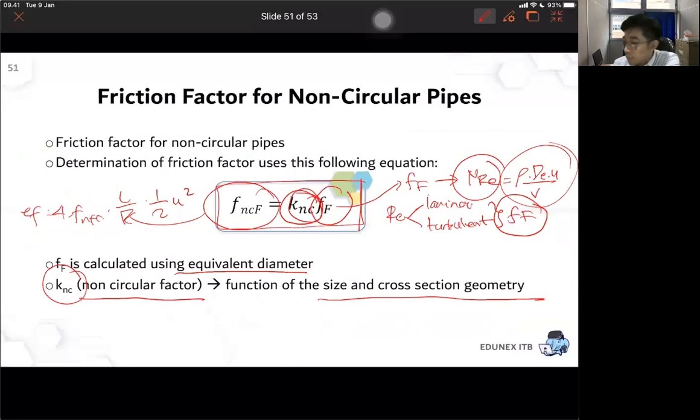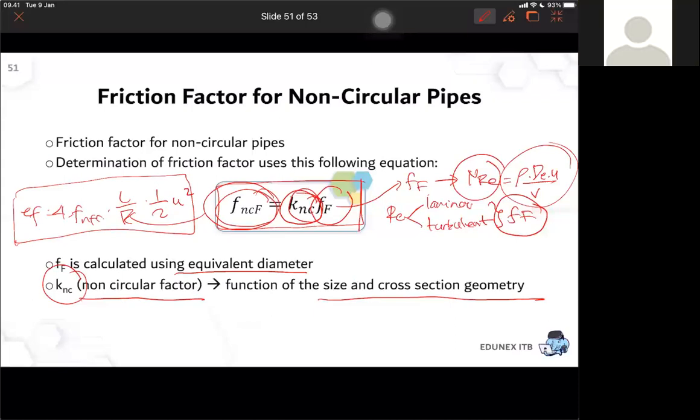Calculate the friction factor based on Reynolds number first. Reynolds number is calculated using the equivalent diameter, and then you multiply with the non-circular constant or factor, the KNC. Then you get the final friction factor. You use the final friction factor into the formula of EF.